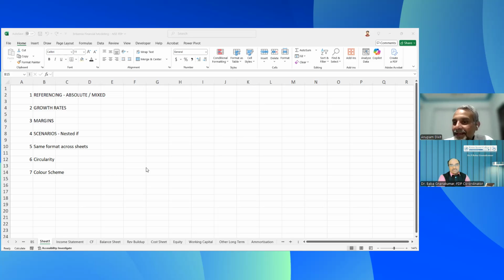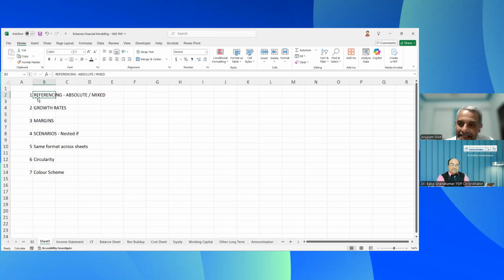But before that, the key important things that we need to keep in mind when we develop the model is that we need to keep a check on the referencing, right?